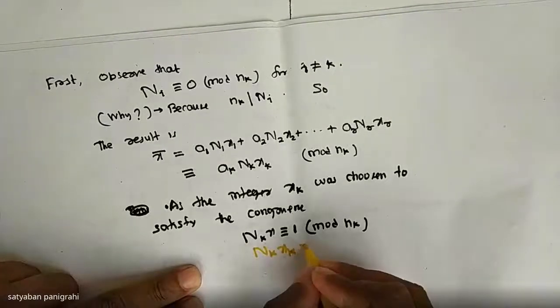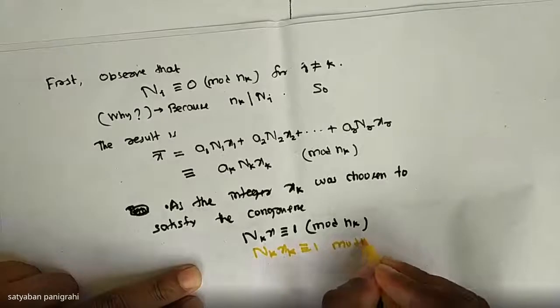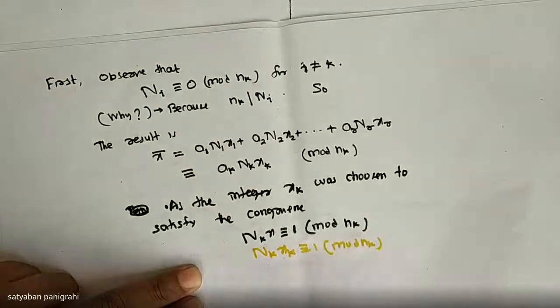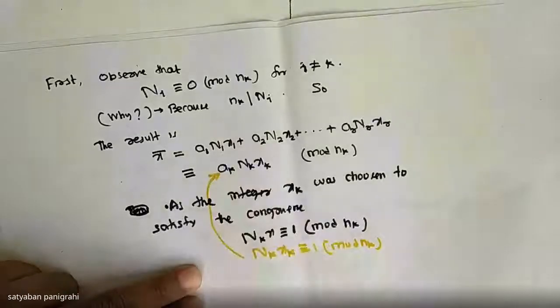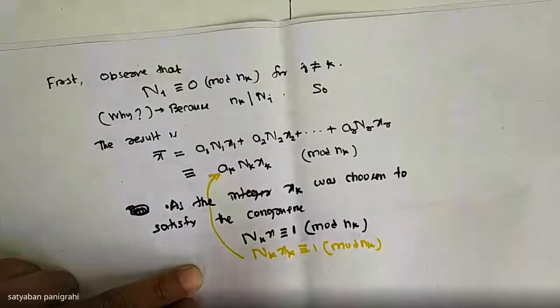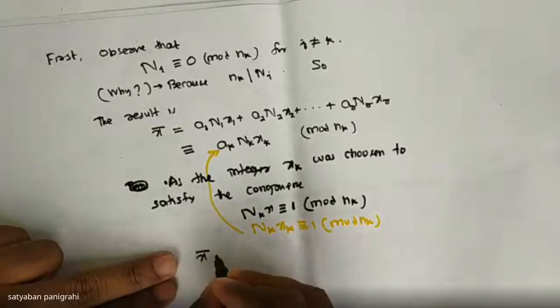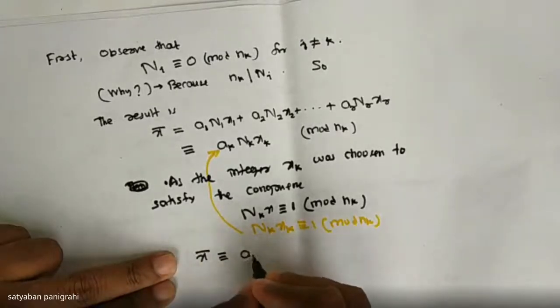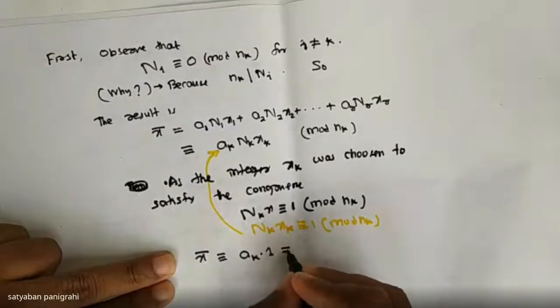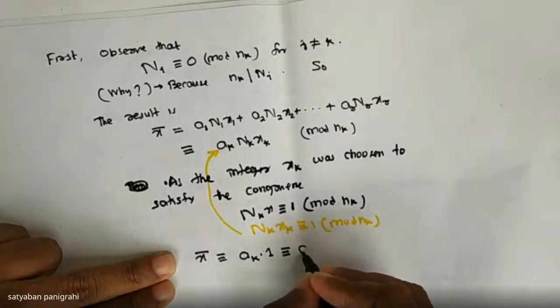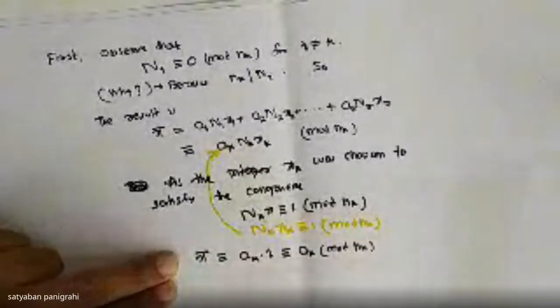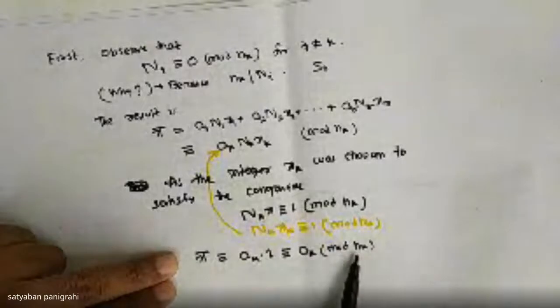By substituting this here, we have x bar congruent to ak times 1, which equals ak mod Nk. That means we are saying that x bar is congruent to ak mod Nk.